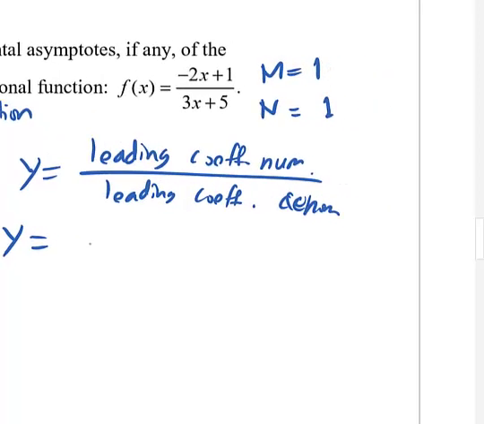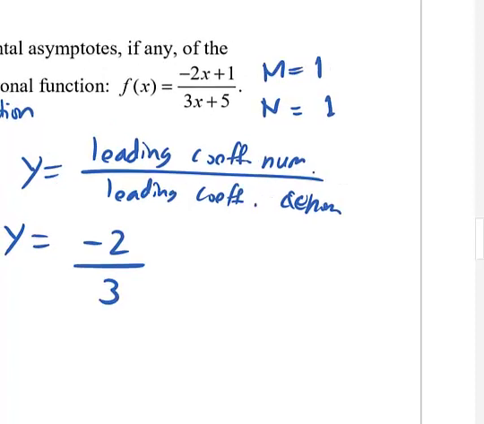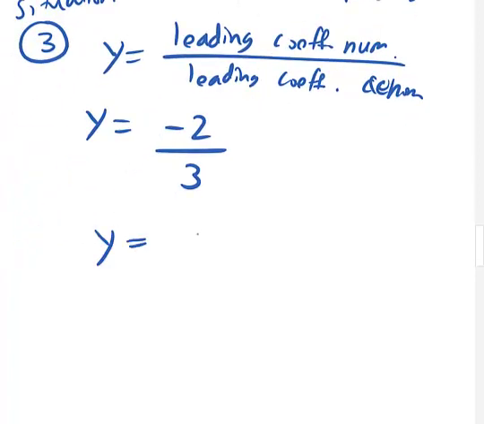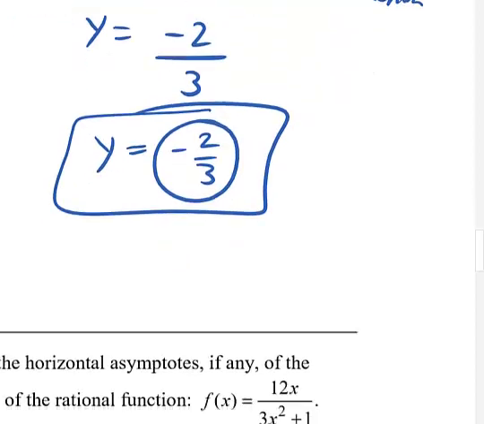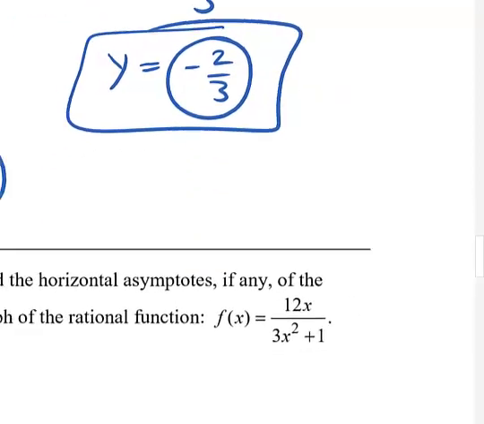The numerator's leading coefficient is -2, the denominator's is 3, and that doesn't reduce, so I'll leave it like that. y equals -2/3 is the horizontal line that the graph approaches.